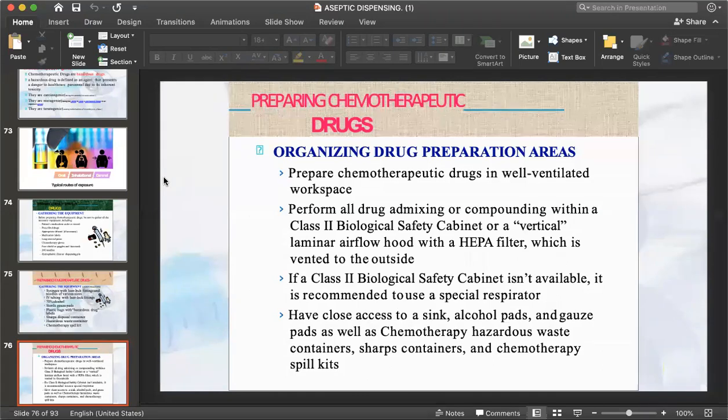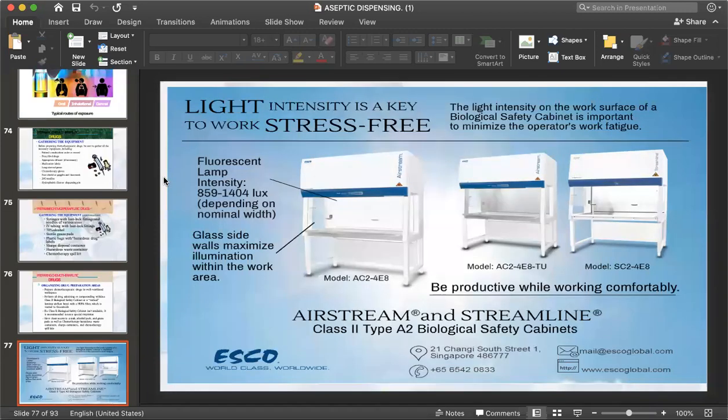After reconstitution, these containers must be thrown in a waste container. It must be a separate type of container from the other drugs. Now this is a biosafety cabinet under which the drug has to be reconstituted or prepared.